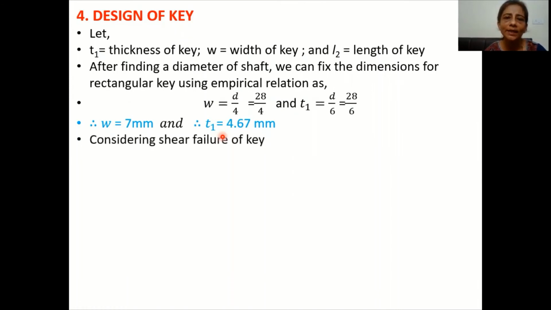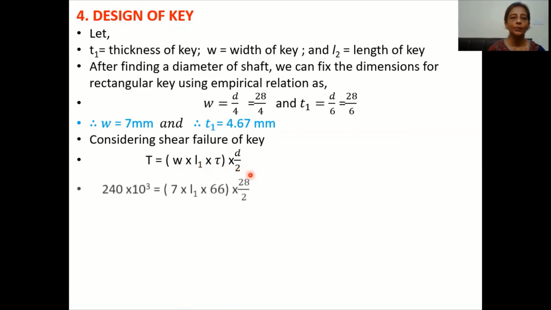Now we will consider shear failure of the key. So strength equation of shear failure of key, torque is equal to Ft into d by 2, that is tangential force into d by 2, which comes W into L1 into tau into d by 2.